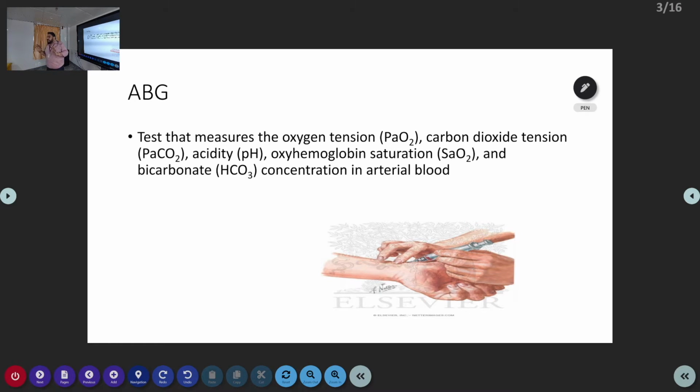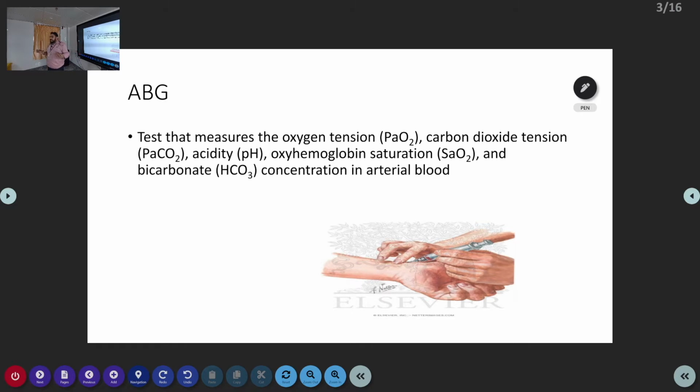Routinely, an ABG means you are getting the pH, the PCO2, the PO2, the bicarbonate, and the oxyhemoglobin status. These are the only things you will ideally get in an arterial blood gas. Whatever else you are getting is additional information, which you might not get in all ABG machines.